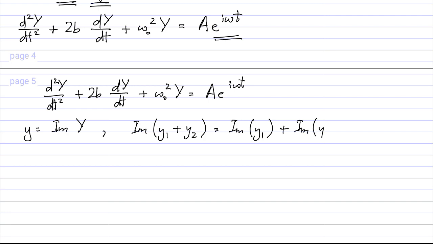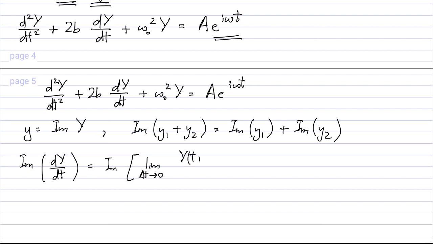Then it is clear that the imaginary part of dY by dt will be equal to, if you go to your definition, the imaginary part of the limit as delta t approaches 0 of Y(t plus delta t) minus Y(t) over delta t.